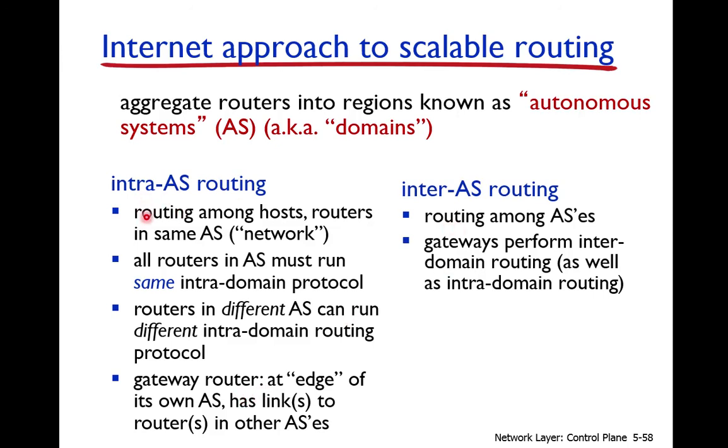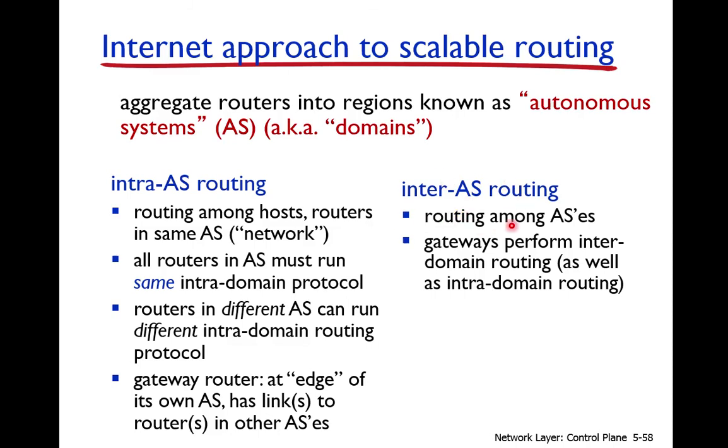So when we need intra-autonomous system routing, this is the routing used for hosts or routers within the same autonomous system. When we want to move data from one autonomous system to another, then we need inter-autonomous system routing.